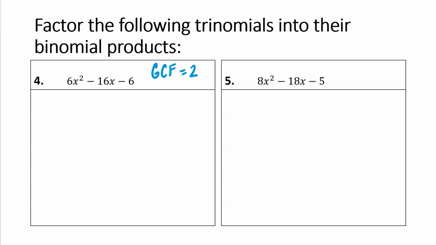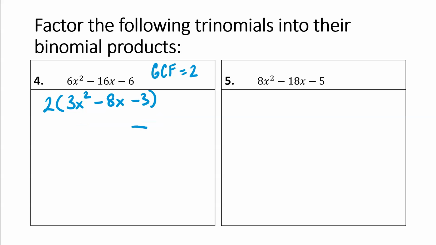So the first step is to factor that out. Take out the 2, then you'll have 3x squared times 2 is 6x squared. 2 times negative 8x is negative 16x. And 2 times negative 3 is negative 6. So now let's go ahead and factor what's in these brackets here.